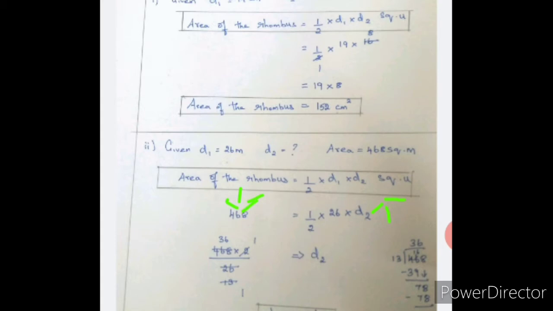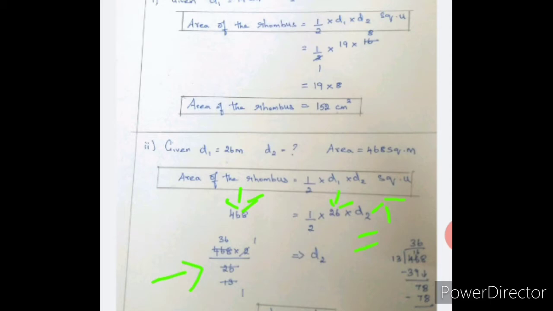That is 468, and half into d1 they have given as 26 centimeter, and d2 you are going to find. So the transposition of 2 and 26 will be that side as 468 into 2 by 26, which gives you the answer d2, that is diagonal 2. If you simplify the sum, you will get the answer.